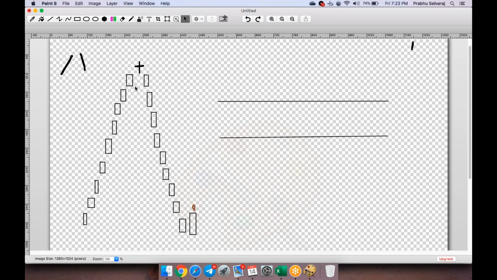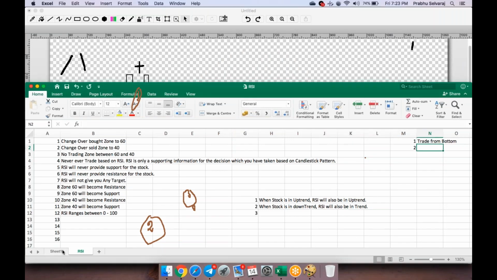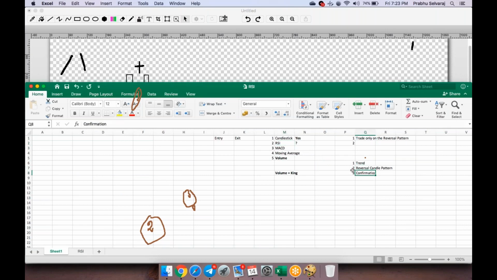So the trend is there, number one; the reversal pattern is there, number two; the candlestick opened above, number three, confirmation happened. As per the learning you have done, we got a candlestick pattern, a reversal, and a confirmation. The candlestick says yes, you can go ahead and take an entry.